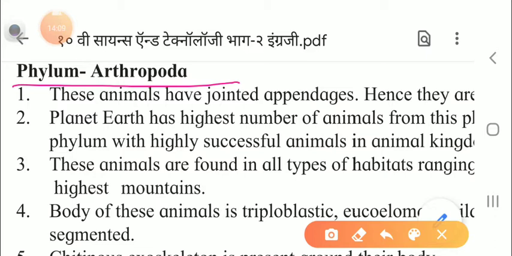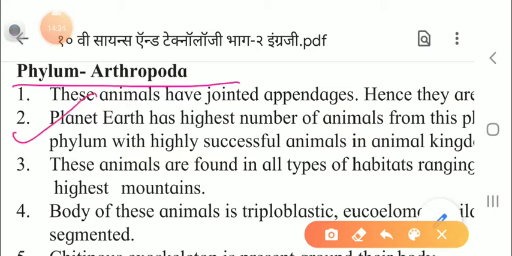Though they have jointed appendages, that is why they come under Arthropoda. Arthro means jointed, poda means legs or limbs. The planet Earth has the highest number of animals from this phylum, the most successful animals in this kingdom. So this point you have to learn.